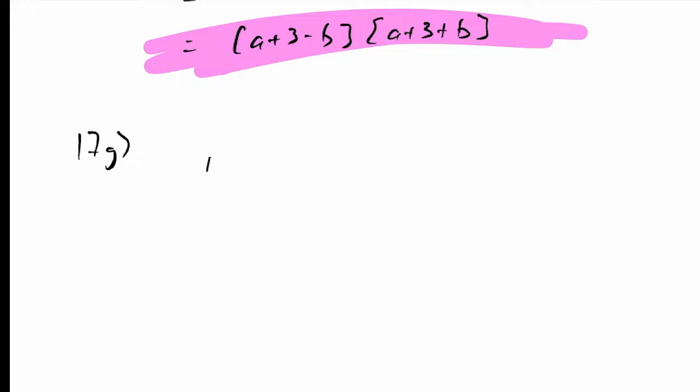Yeah, so 17G is 100 minus w minus 4 squared. So the idea for 17G, you can see here I have a subtraction sign. So I already have the difference. If I can write these as powers of 2, then they're difference of squares.